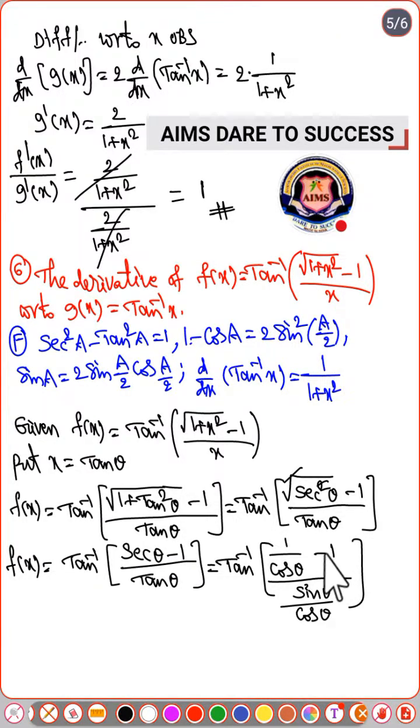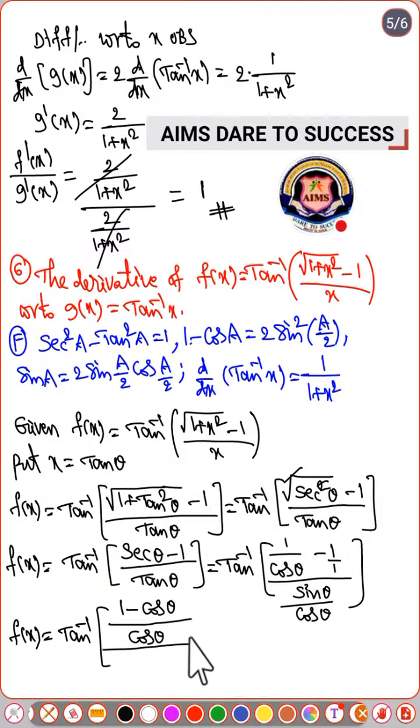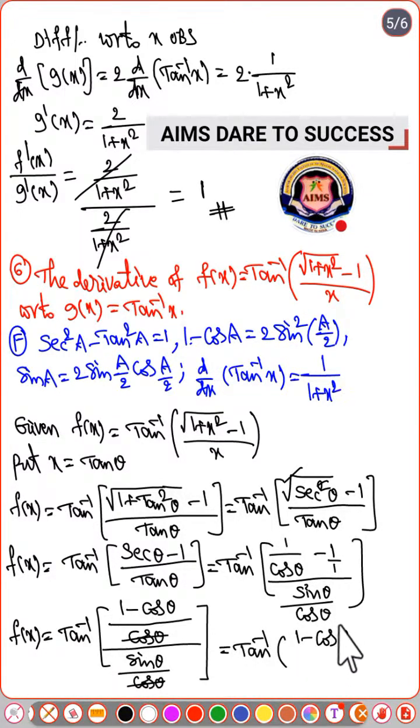So f of x equals tan inverse of the numerator, whose LCM is cos theta: cross multiplying, we get 1 minus cos theta by cos theta, whole divided by sin theta by cos theta, without disturbing the denominator. The cos theta denominators get cancelled, and we get tan inverse of 1 minus cos theta by sin theta.